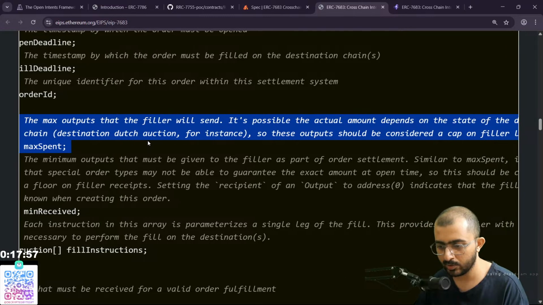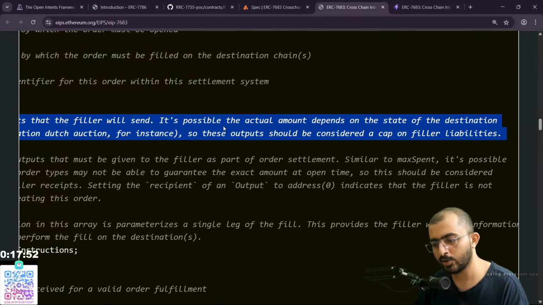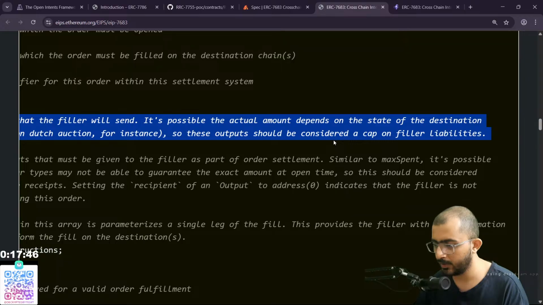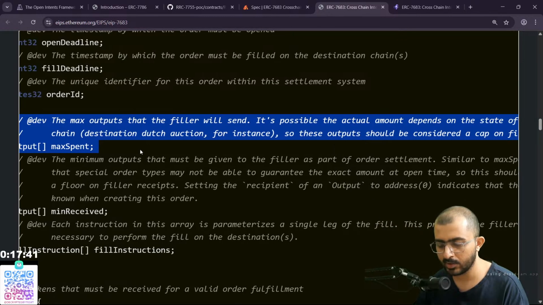The max outputs that the filler will send. It's possible the actual amount depends on the state of the destination chain, a destination Dutch auction, for instance.